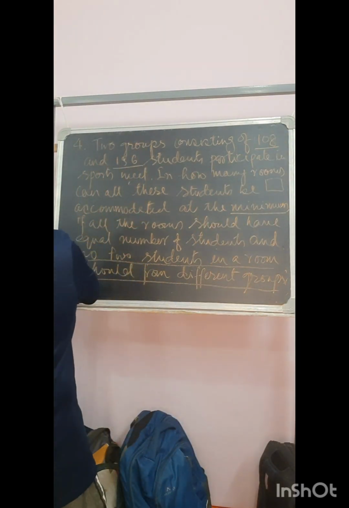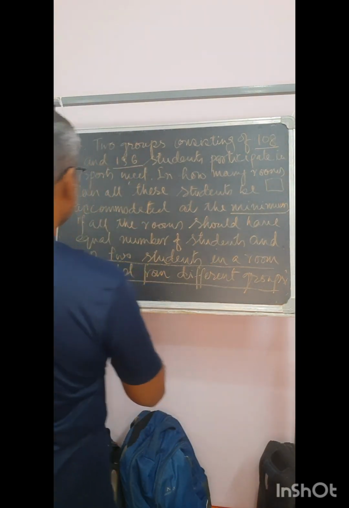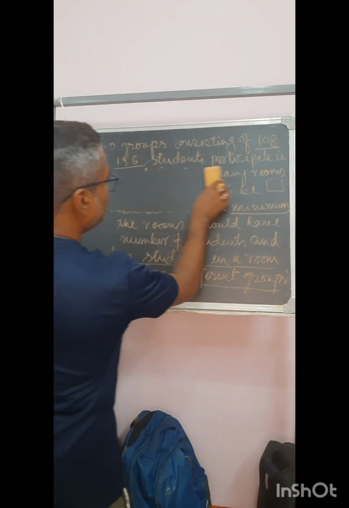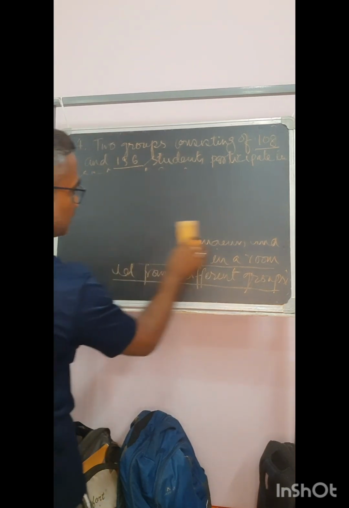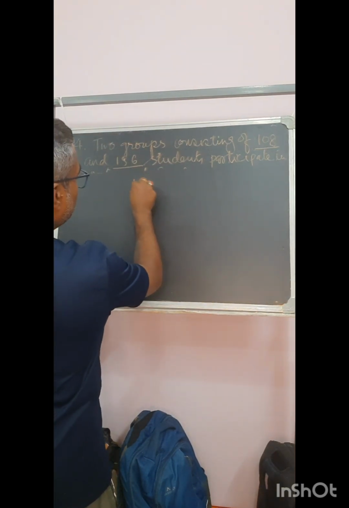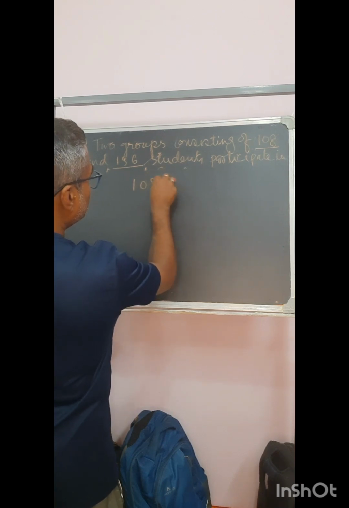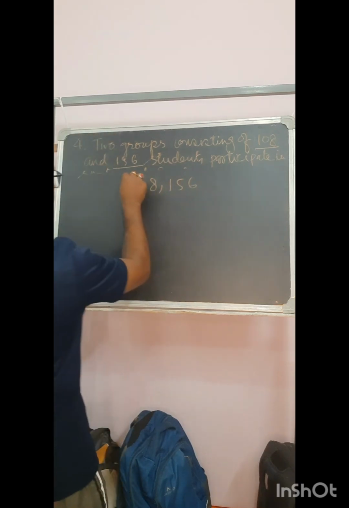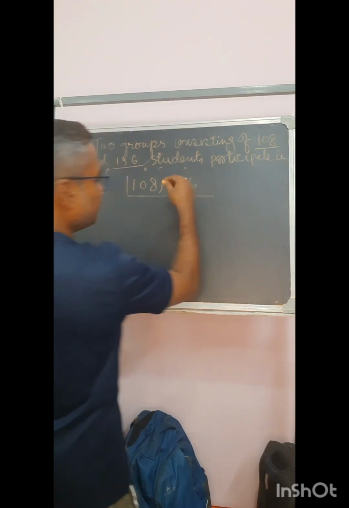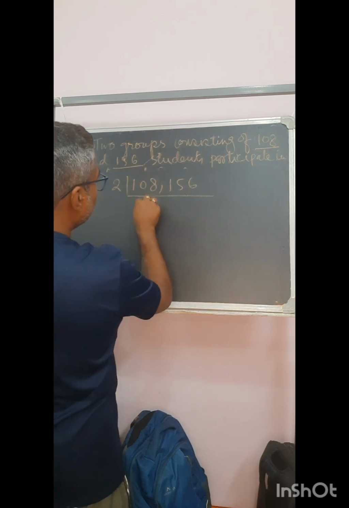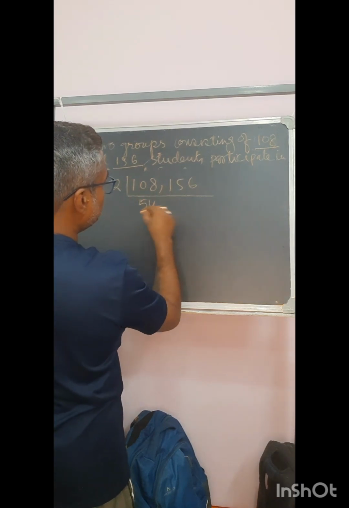The first task is to find the HCF. I will rub some of the portions so that I get some space here. I will find HCF of these two. I will do it with the divisional method, starting with the minimum prime, that is 2.